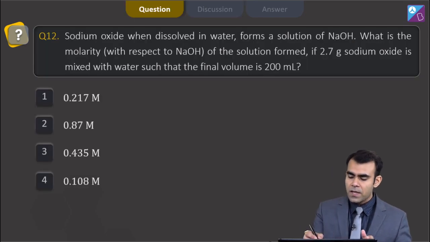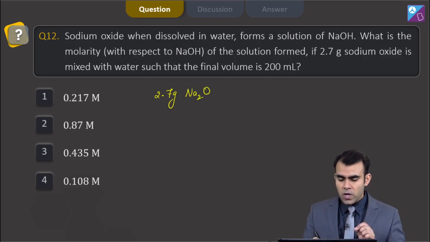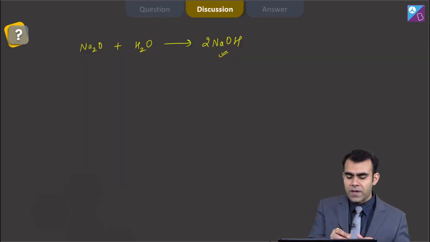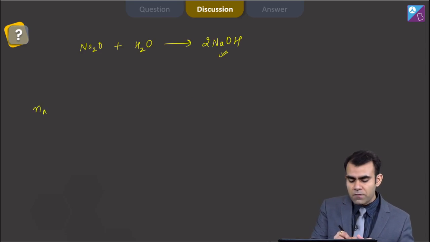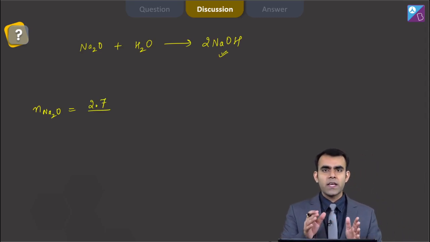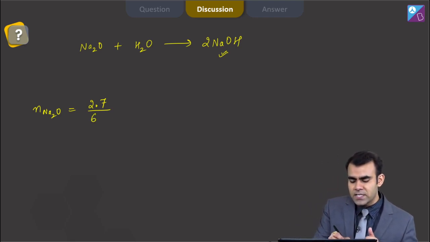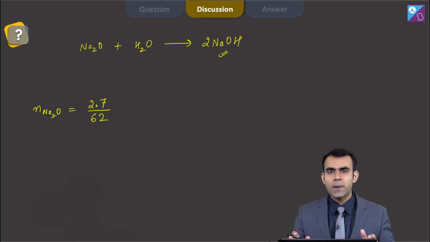Now here we have 2.7 gram of Na2O. So if I have 2.7 gram of Na2O, what is the number of moles of Na2O? Mass of sodium is 23 into 2, 46, plus 16, that is 62, the molar mass of sodium oxide.